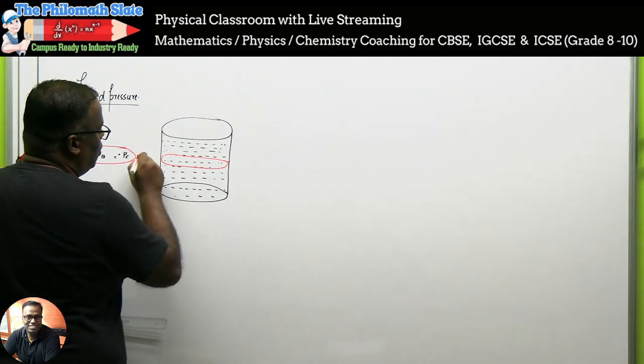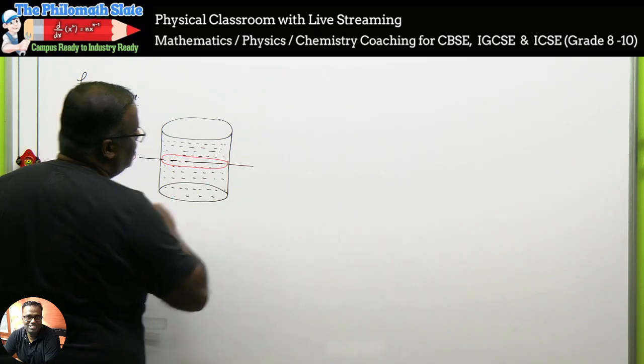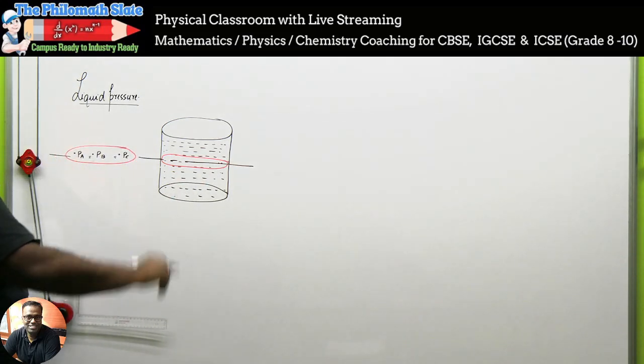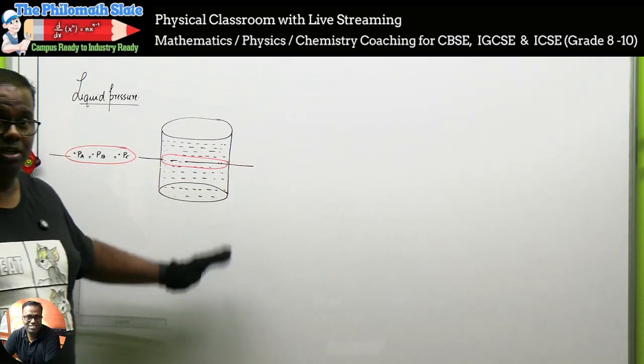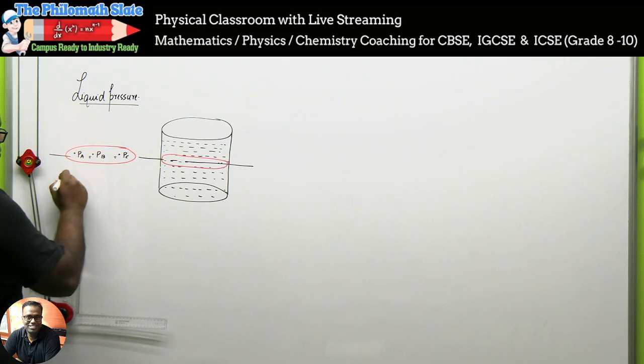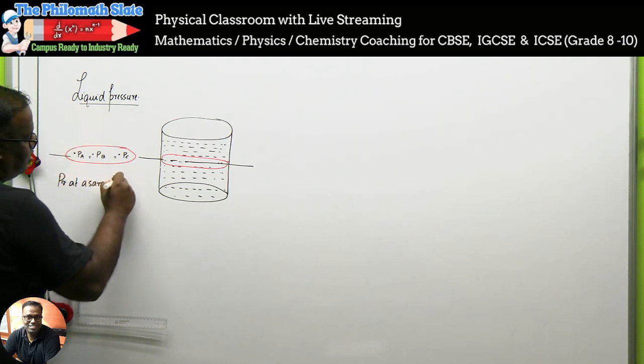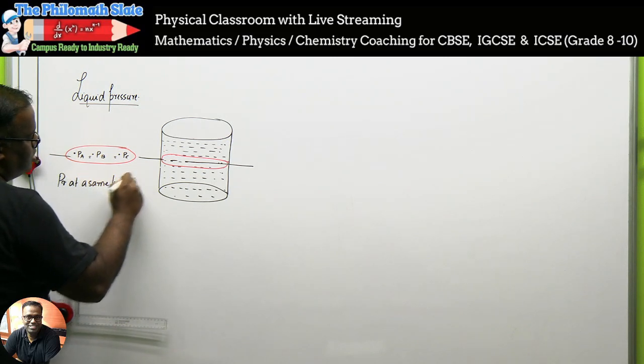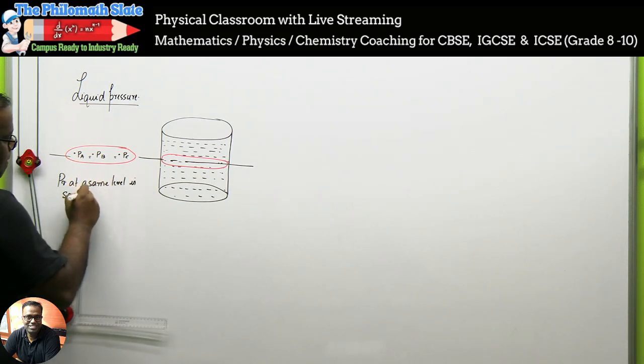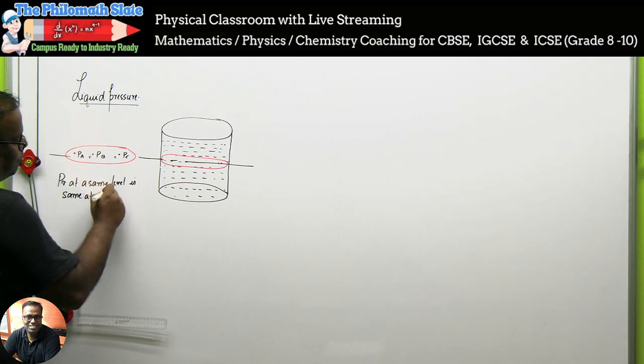So if this is a horizontal, then all the points here will have the same pressure. Remember this: pressure at the same level is the same at all points.